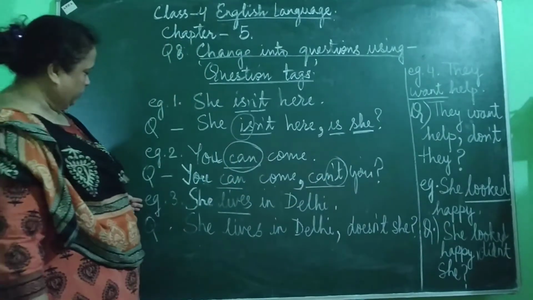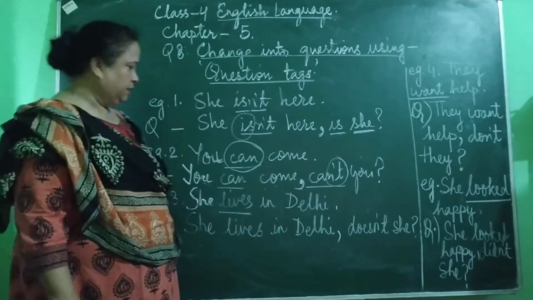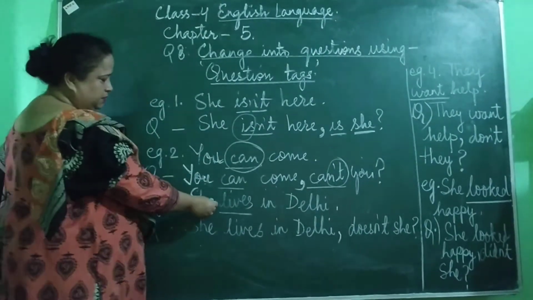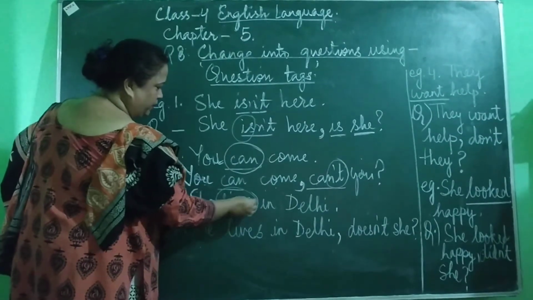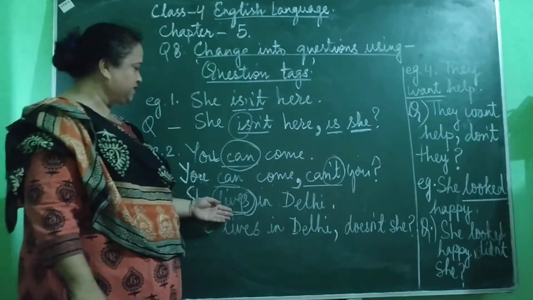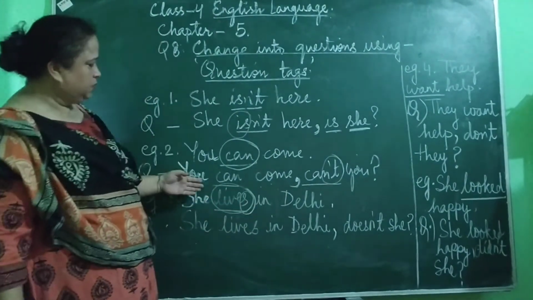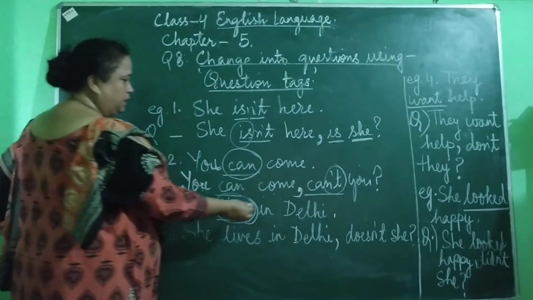So let's have a look at the next example. She lives in Delhi. If you have a look at the sentence, there is no helping verb here, but there is a main verb. And the main verb has an S to it. So when we have sentences like this and we need to change it into a question, what do we use? We use does.